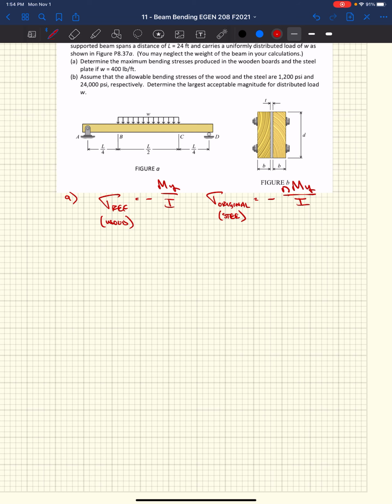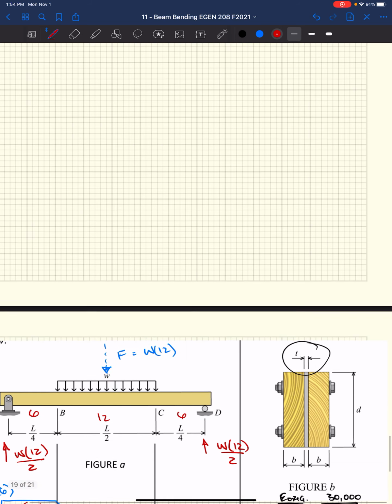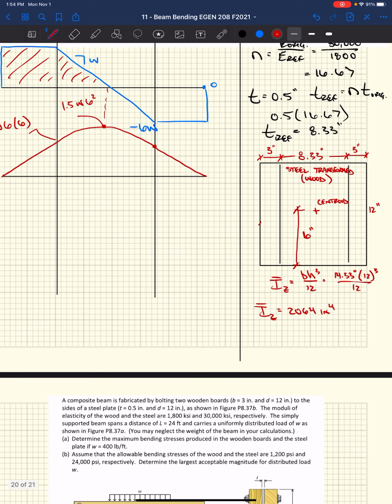We really need to figure out what y is. Well, in our case, our y max is equal to the top or bottom of each of our materials, because they're centered.